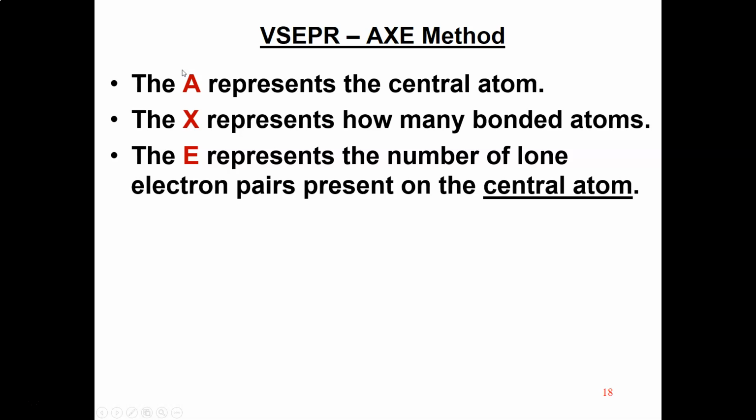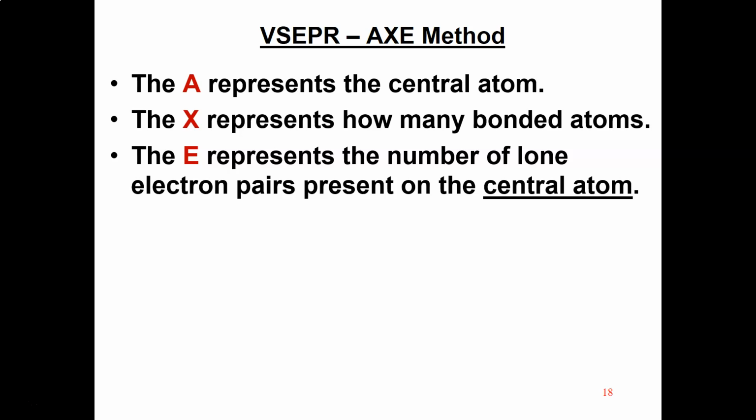Okay? So imagine water in your head. If we have water, oxygen is our A, right? So we have A. We have two hydrogens, so we would have X2 because we have two X's. And we would have E2 because we had two lone pairs. Okay?